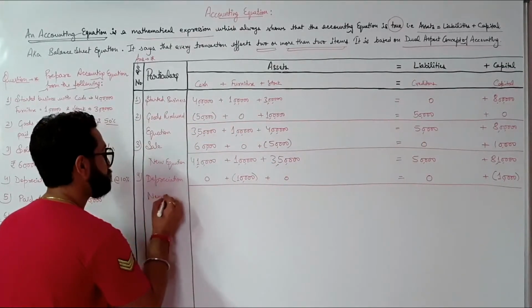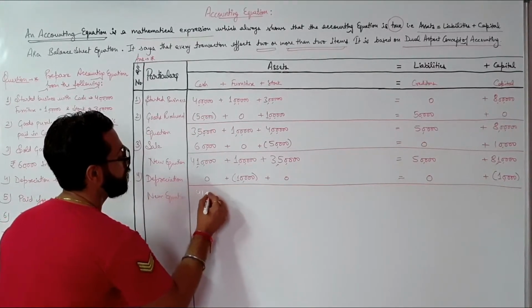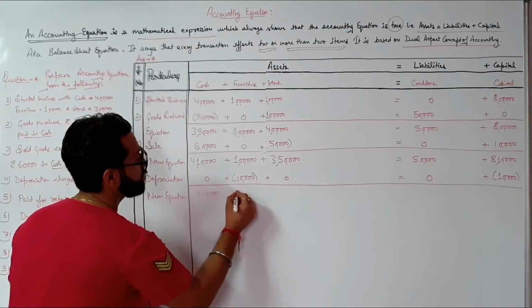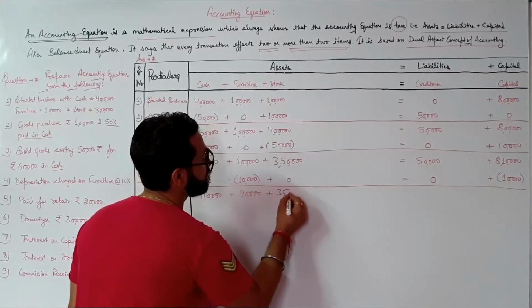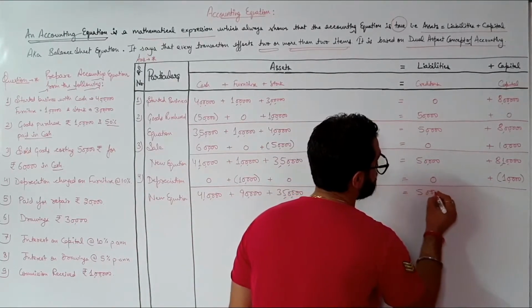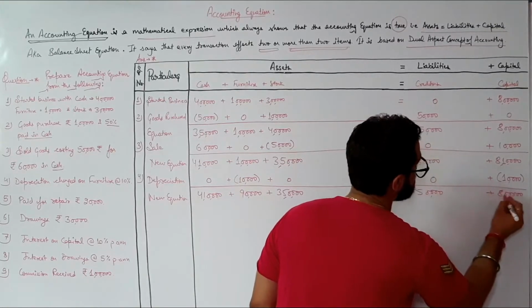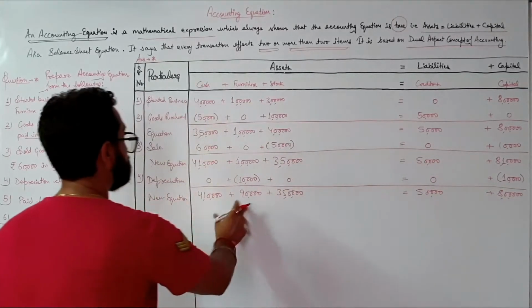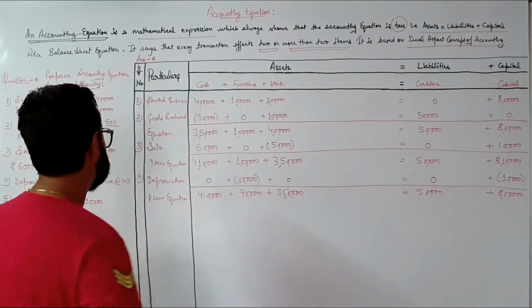So the new equation: 4 lakh 10,000, 1 lakh minus 10,000, 90,000 plus 3 lakh 50,000 equals 50,000, 8 lakh rupees. Total is 8,50,000 and here the total is 8,50,000.